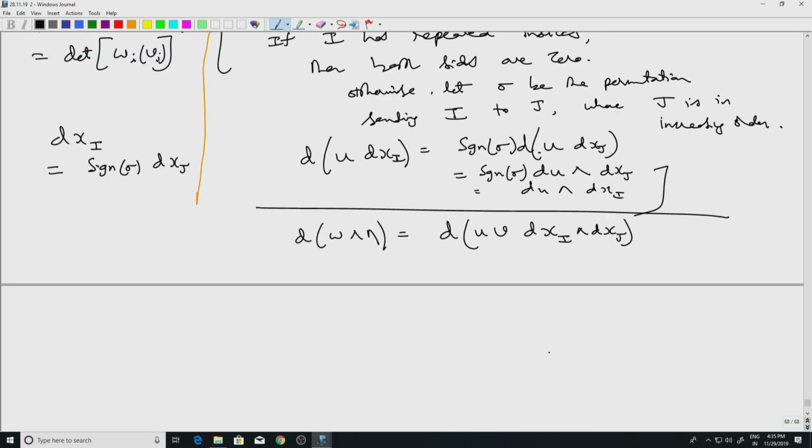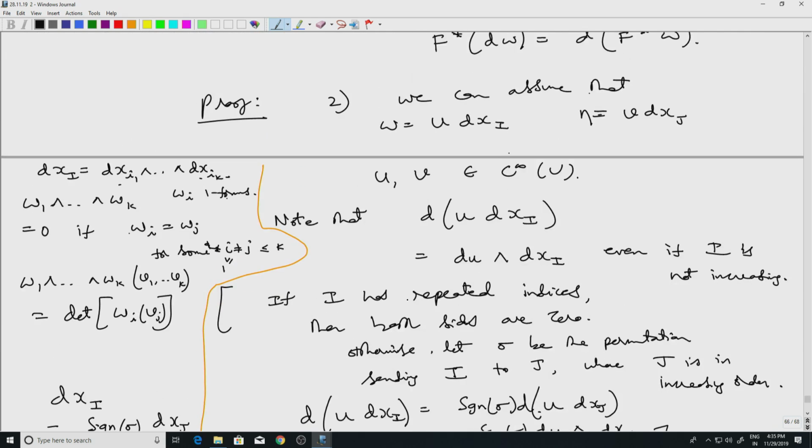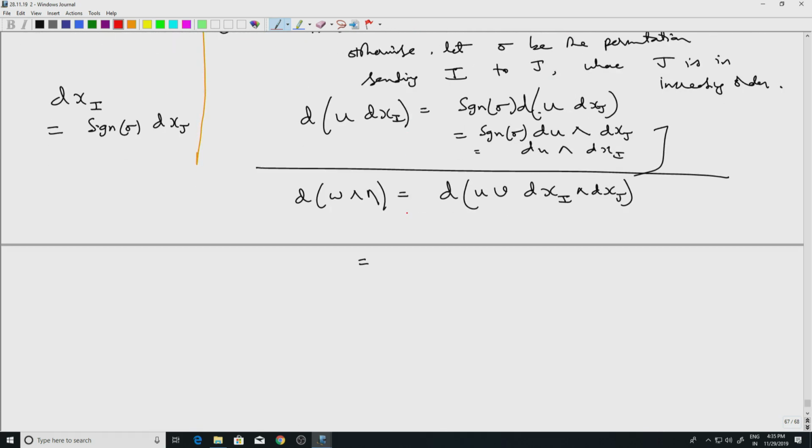Now immediately I'll use the previous remark that this formula holds whatever the index is.